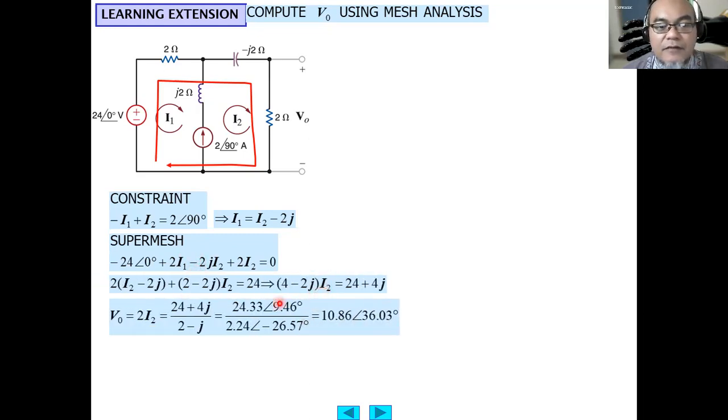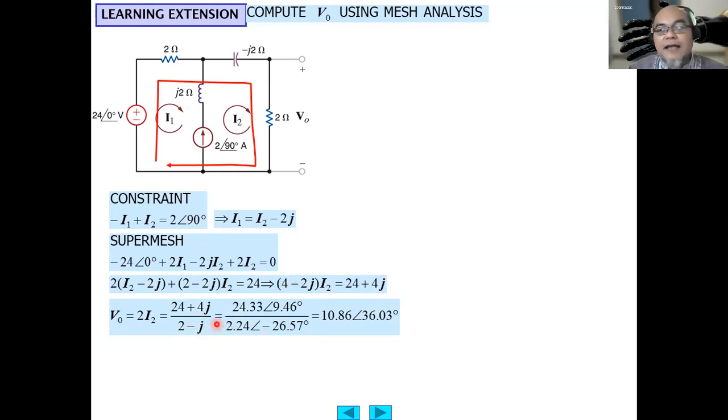From here we can obtain the value of I2, and the output is basically I2 times the 2 ohm resistor. The I2 is 24 plus 4J divided by 4 minus 2J, times 2, which is then 2 minus J.